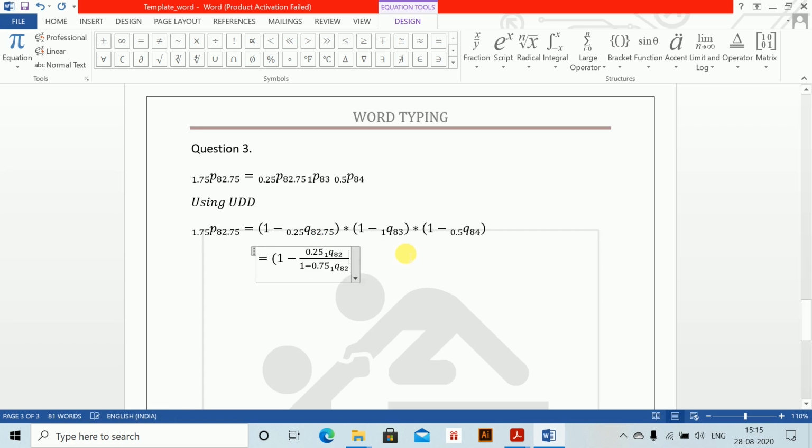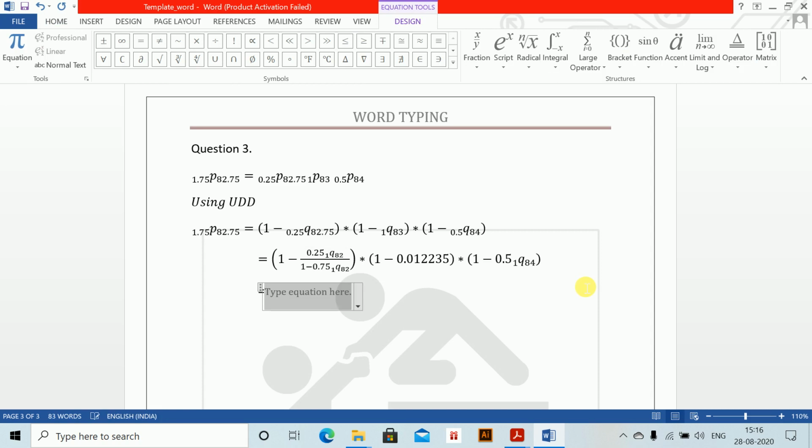Okay, brackets close, into 1 minus 0.012235 into 1 minus 0.5q84. So just changing this to 84.